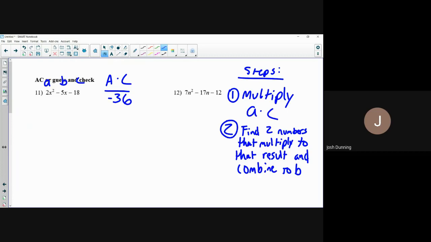Now, just be careful with the signs. The 5 is negative in the question. So make sure the bigger one, the 9, is negative.